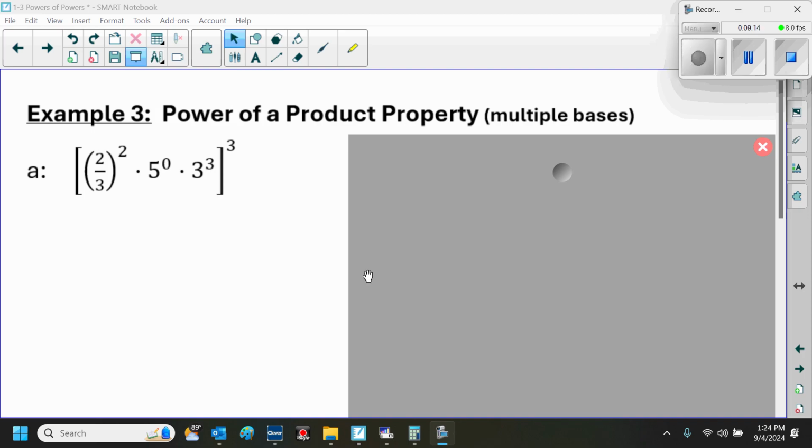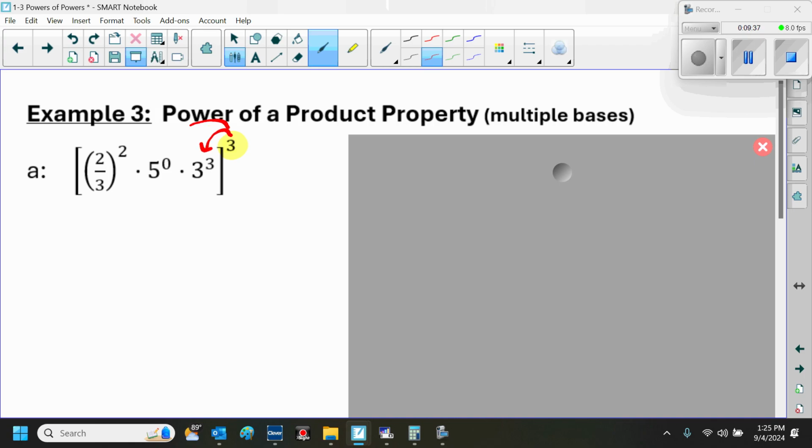So here, we've got 2/3 squared times 5 to the 0 times 3 to the 3rd, all that raised to the 3rd power. You with me? All right, so let's start with applying that exponent to everything inside the parentheses. Okay?